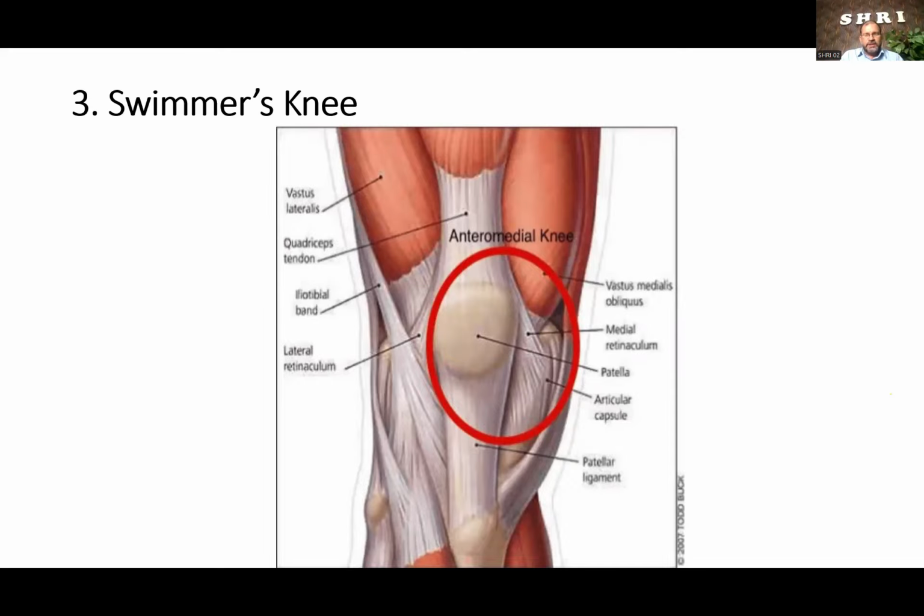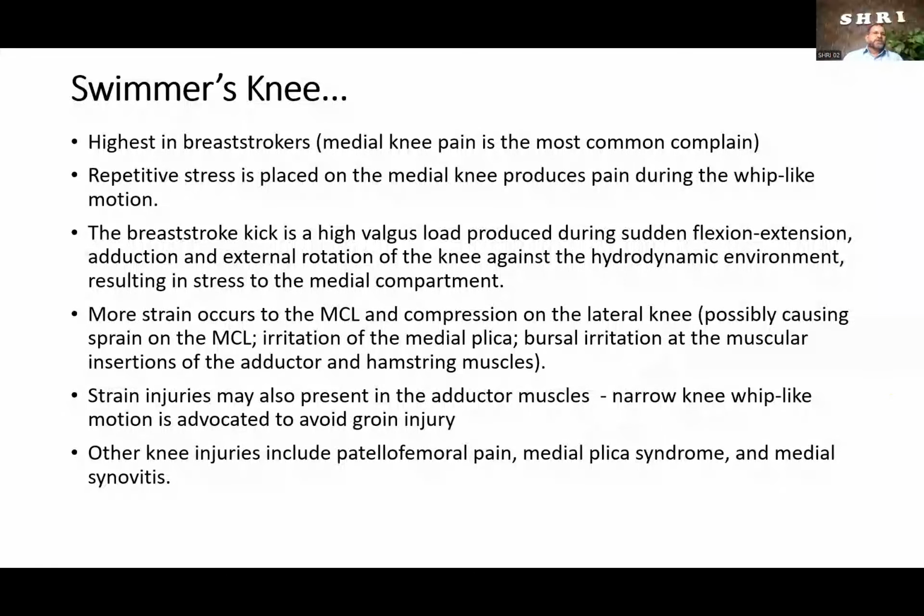When we say swimmer's knee, that is most of the time the medial knee. Swimmer's knee is highest in breaststrokers. I will show you the picture, then you will appreciate how it happens. The medial knee is the most common complaint from swimmers.